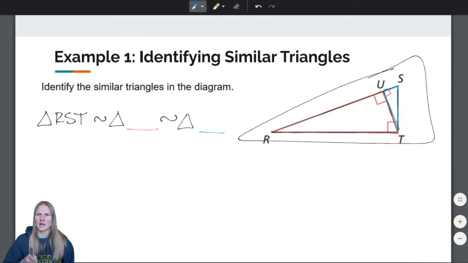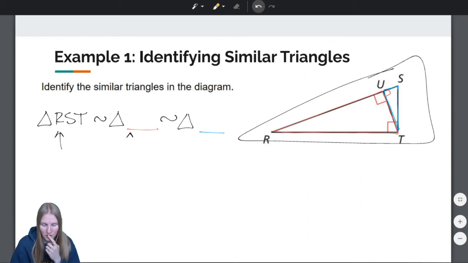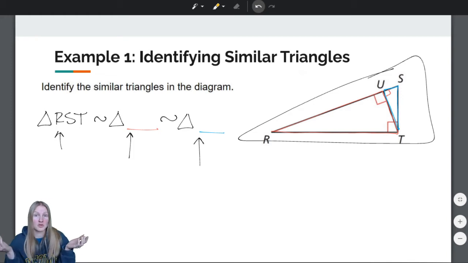What order am I supposed to write these in? Remember, when I write a similarity statement, I need to write the vertices of the triangles in order of their corresponding pieces. So angle R corresponds to what vertex for the red triangle and what vertex for the blue triangle?